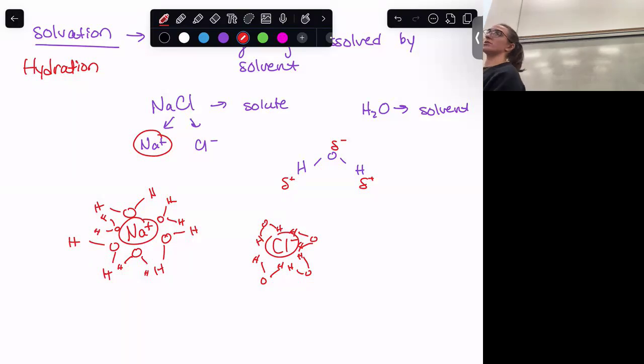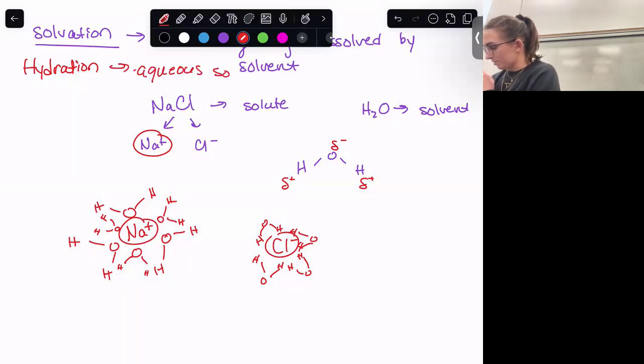If it's something else, like a non-polar substance, then it would just be solvation. But when we specifically talk about water, then it's hydration. So this is aqueous solutions. If something was being dissolved in methanol, then that would be just solvation.